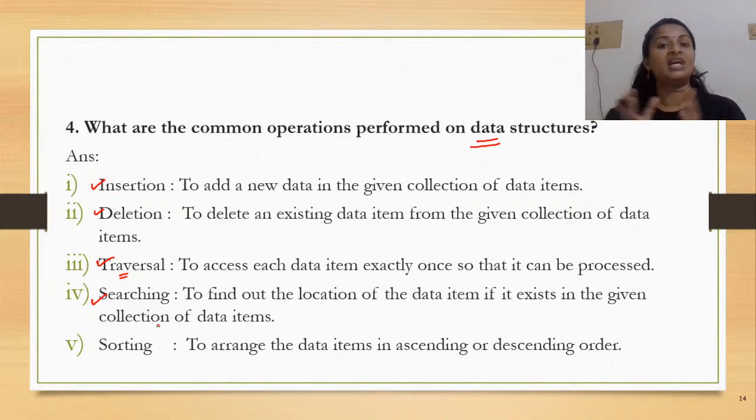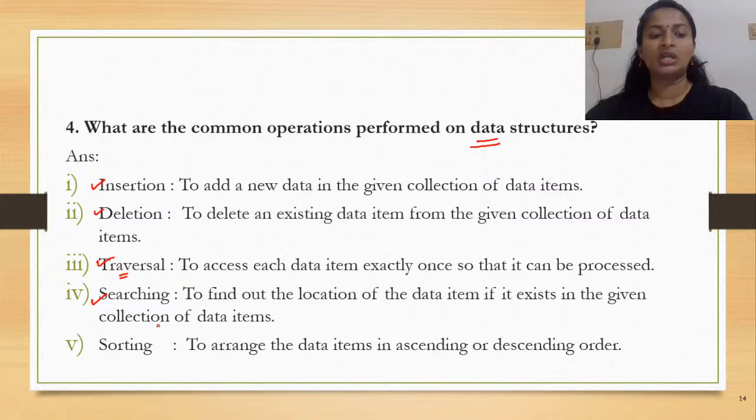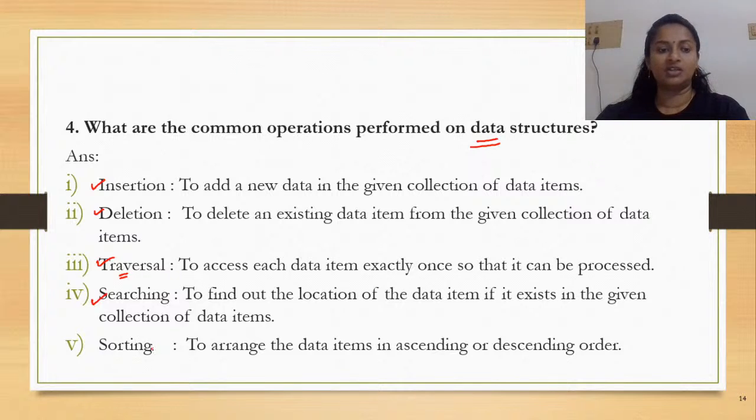Whenever you find a matching node, you conclude that the element is present inside the data structure. If you travel the entire data structure and do not find a perfect match anywhere, what is the end result? You say that the element is not present. We'll be having one more class in which we'll look into the different searching techniques, primarily linear search and binary search.